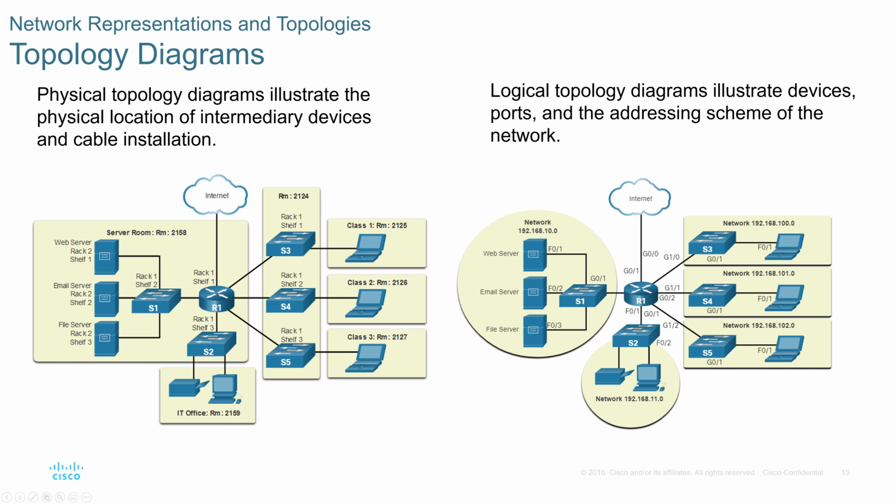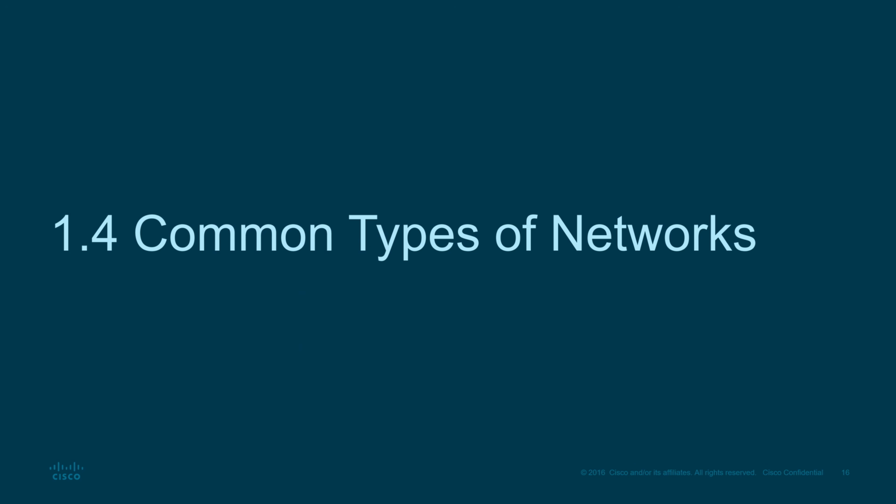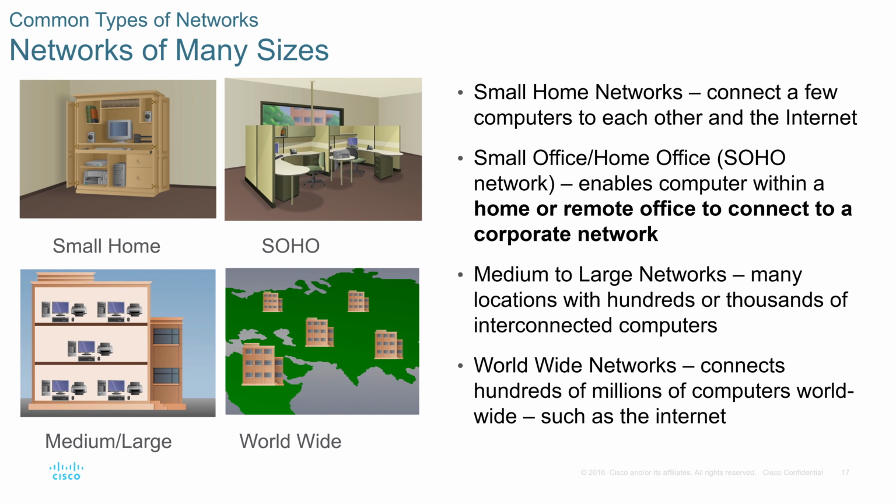And we'll go into the next topic, which is the common types of networks. So what are the common types of networks you will come across in 2022, the modern day? There are a couple of common types of networks that we typically identify. There are small home networks, SOHO networks, or small office, home office networks.